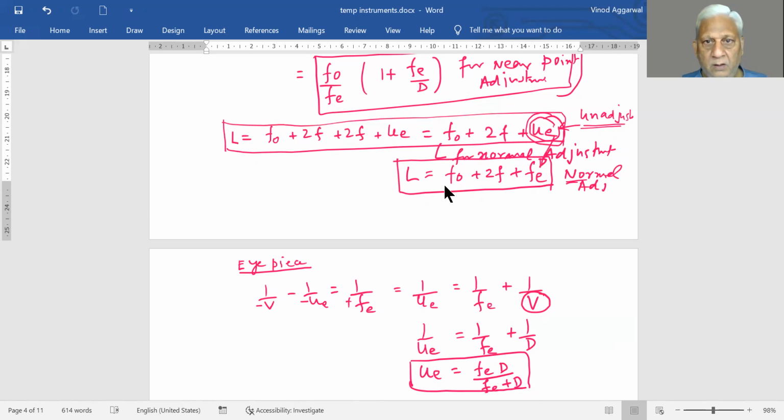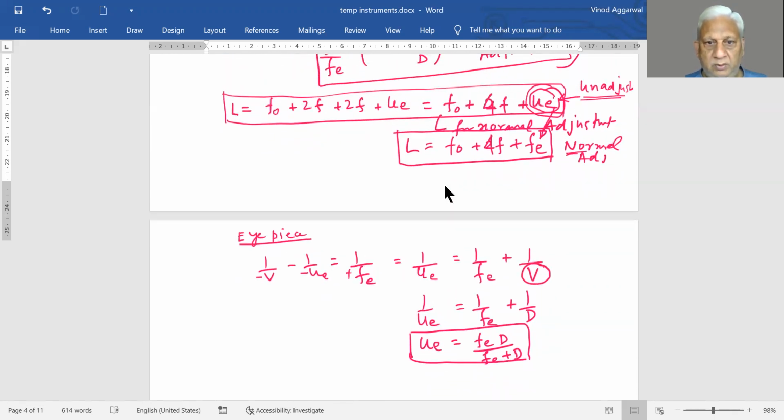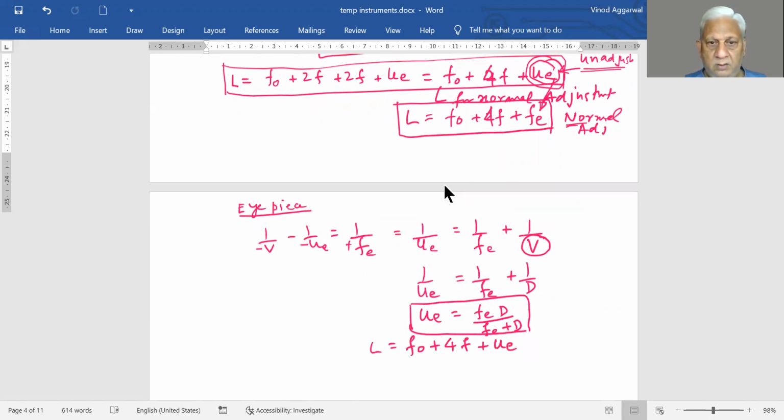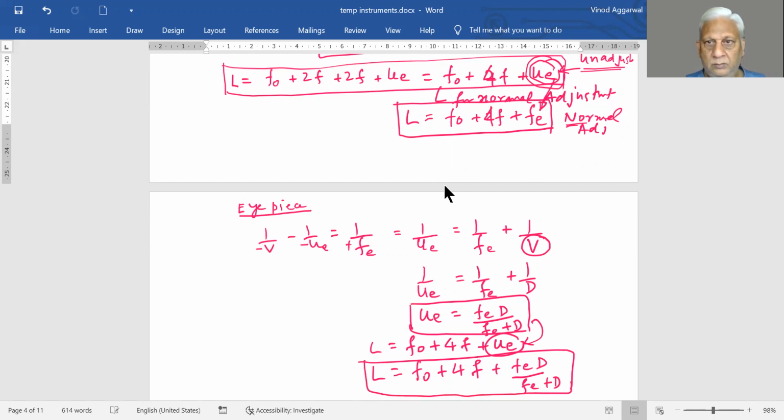Sorry, what we will get is, or is equal to, we substitute UE from here. This is for near point adjustment.